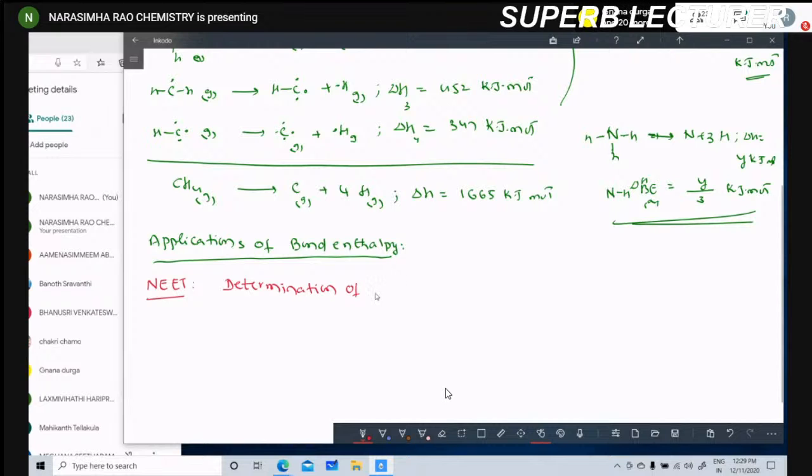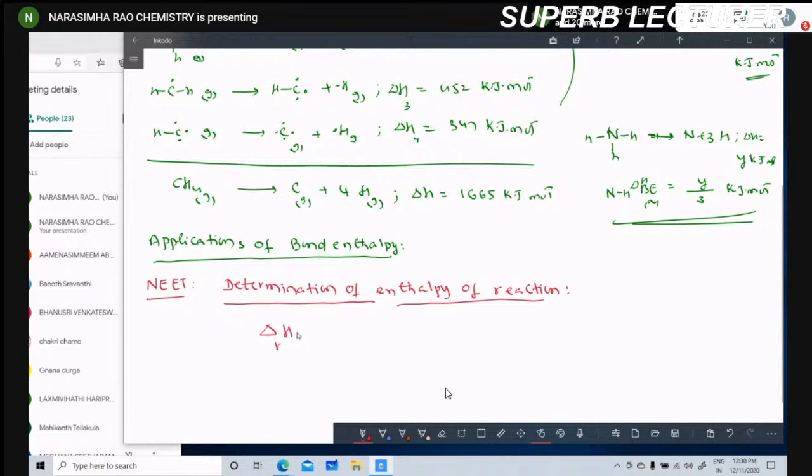Then what is the enthalpy of reaction, and how do we determine it using bond enthalpies? Right, children? This one is important.